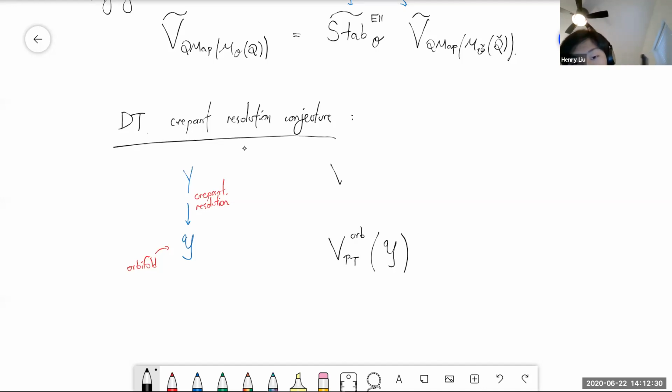Versus if you write down upstairs the Bryan and Steinberg vertex of the thing upstairs. Now these two things ought to be equal.